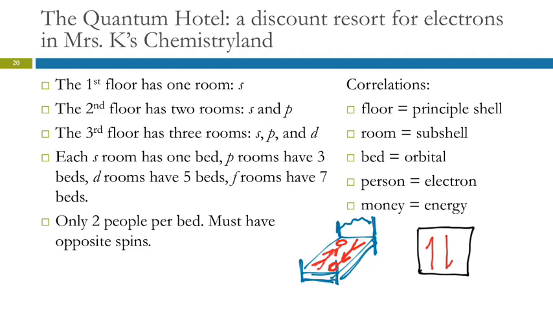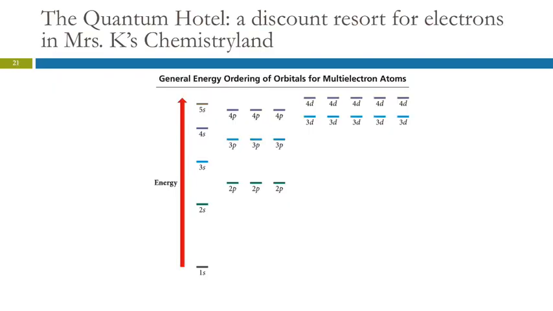So now we can look at this diagram showing general energy ordering, and we can imagine that these are floors in the hotel. So this is the first floor. Here's the second floor, the third floor, the fourth floor, the fifth floor.